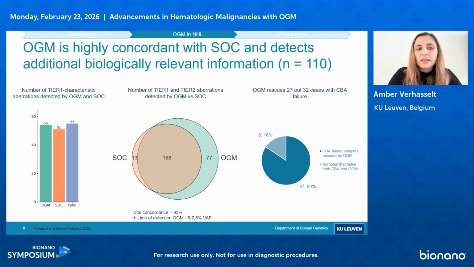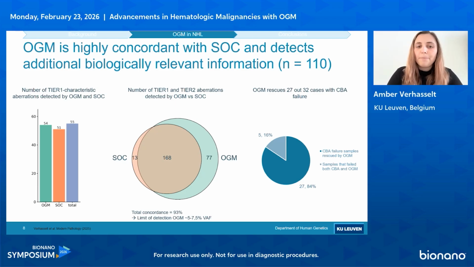And then, as you can see here, optical genome mapping also detected 77 additional aberrations. About half of these were above the resolution of CBA, but they were missed either due to the quality of the metaphases or because they couldn't be recognized. And about half of them are below the resolution of CBA, so they could never be seen by this technology, but they can be seen by optical genome mapping.